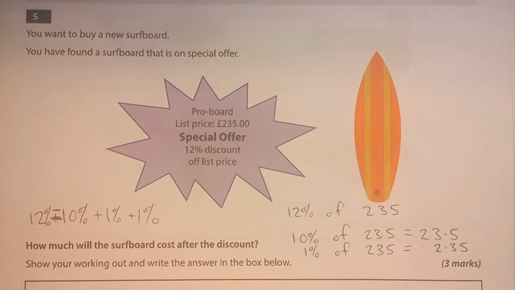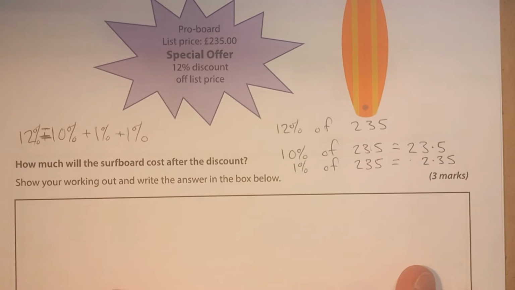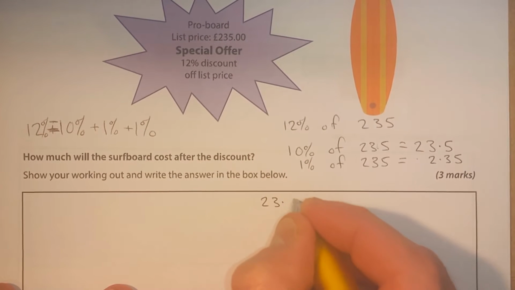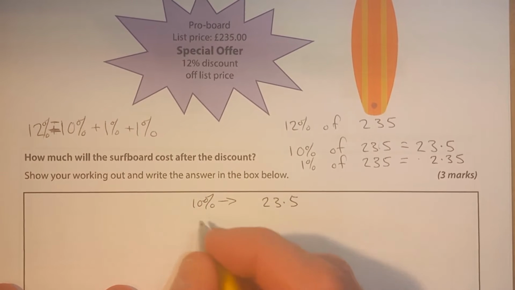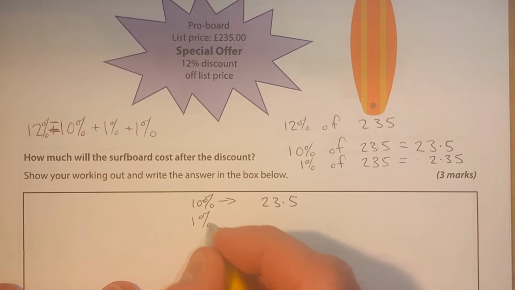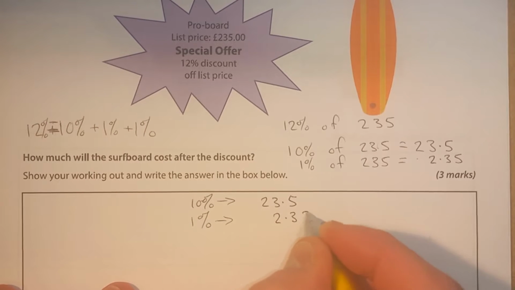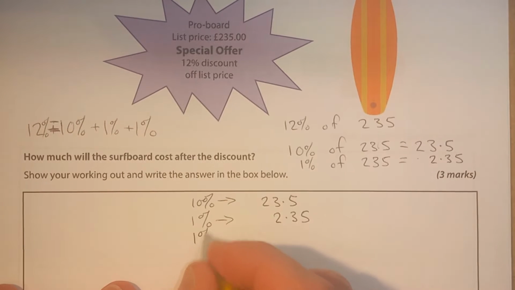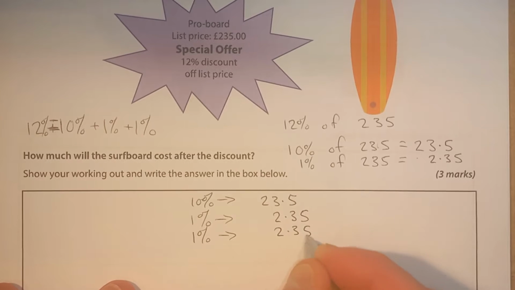And because we need another 1%, let me show down here that we're going to have 23.5 for our 10%. Then for our 1%, we're going to have 2.35. And remember, we said we need two 1%. So we're going to have another 1%, which is another 2.35.